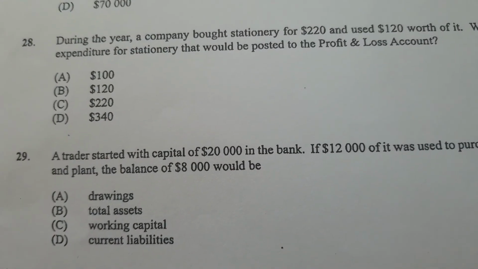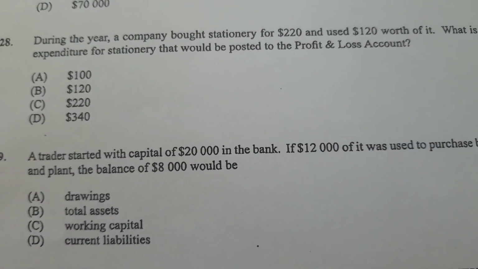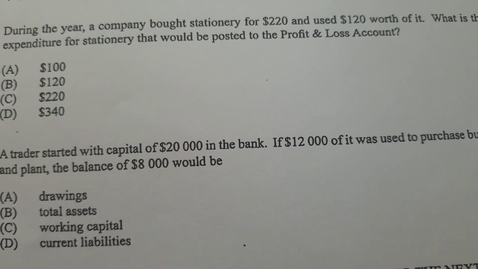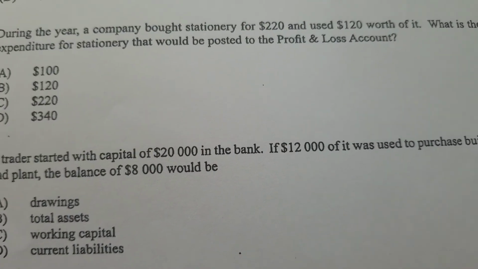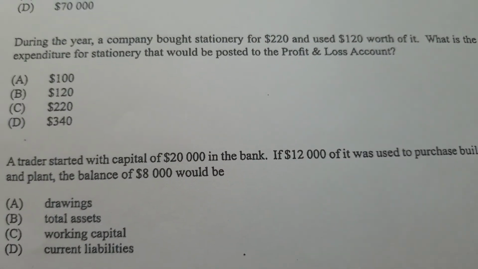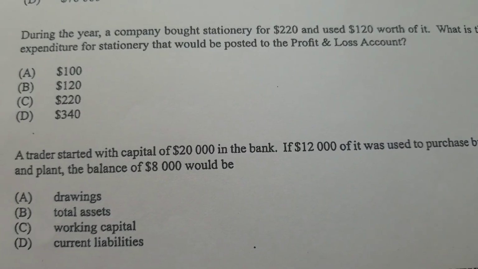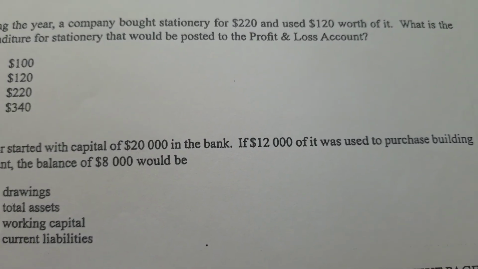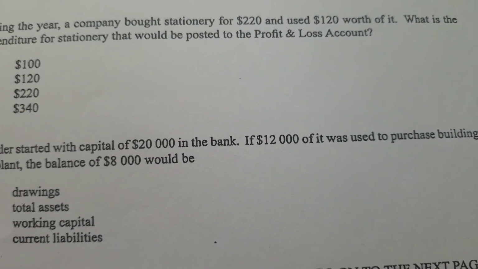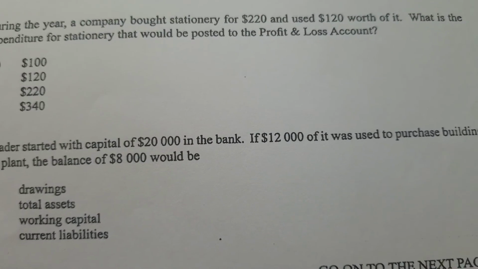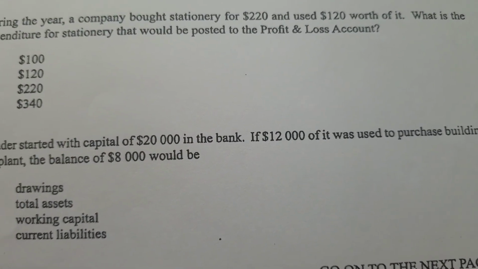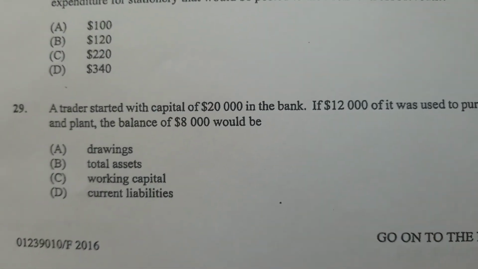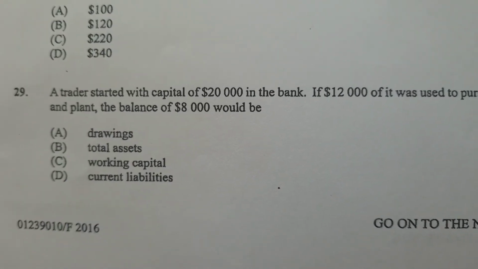Question 29 says, a trader started with capital of $20,000 in the bank. If 12,000 of it was used to purchase a building and plant, the balance of 8,000 would be, so let's look at it again. Our capital is 20,000.